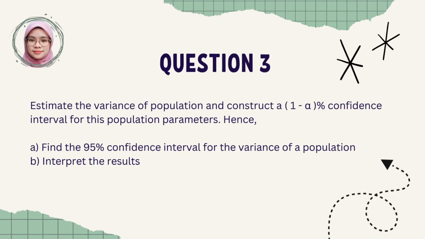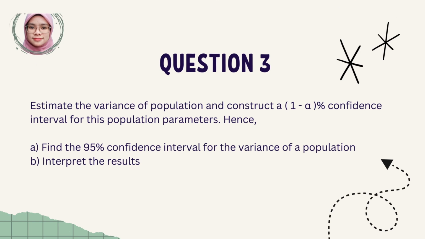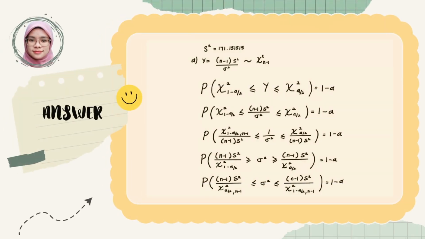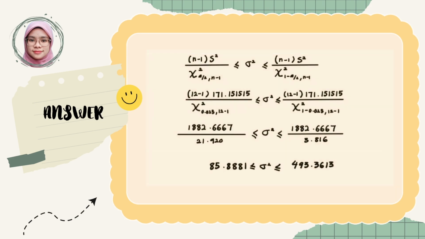For question 3, this question asks us to construct the confidence interval for the variance of a population, so we need to derive the distribution for both sides. Chi-square with degrees of freedom, 1 minus alpha over 2, and on the other hand, chi-square with degrees of freedom, alpha over 2, equals to 1 minus alpha. And then we substitute the values that we got, while for the chi-square values we refer to the statistical table.